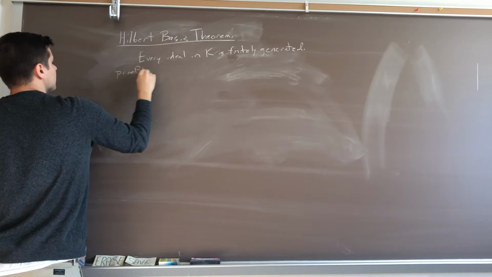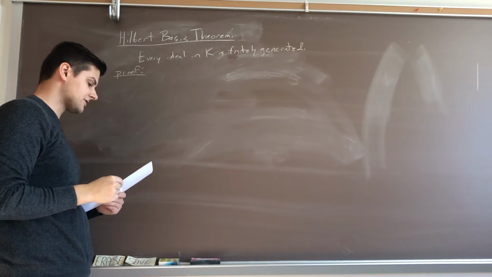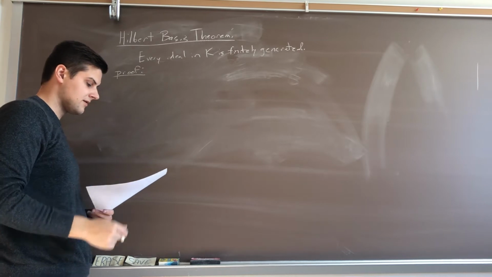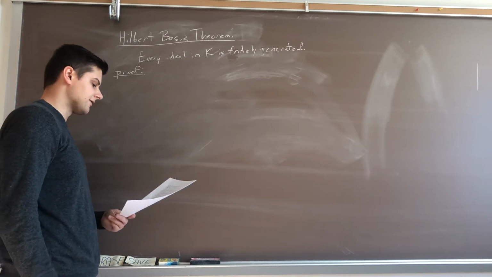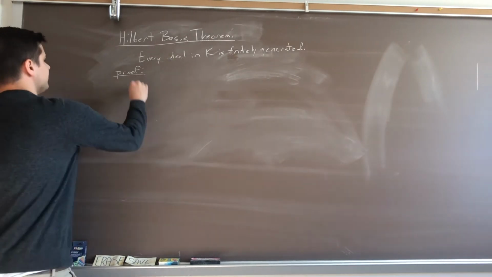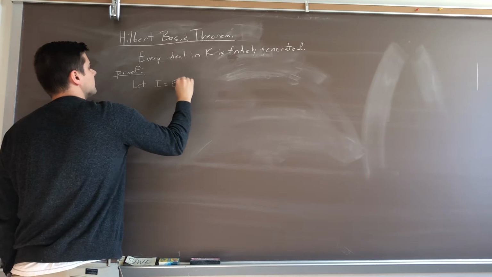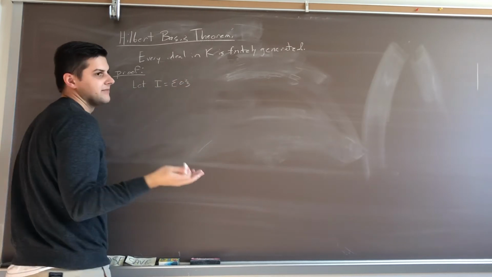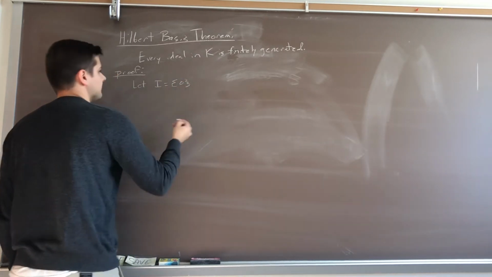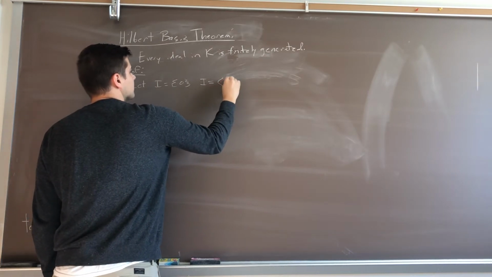And we're going to prove it in a way that even constructs a particular generating set for the ideal. So first we're just going to take the trivial case. If I is 0, then the empty set is a generating set, which is finite, and I equals the ideal generated by the empty set.